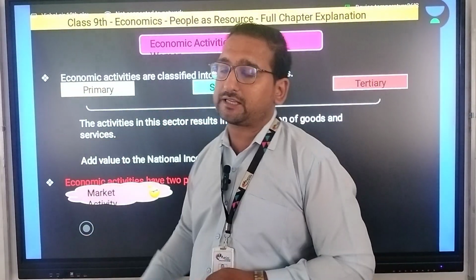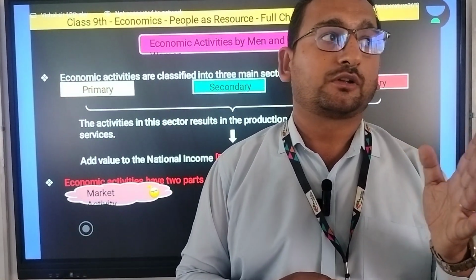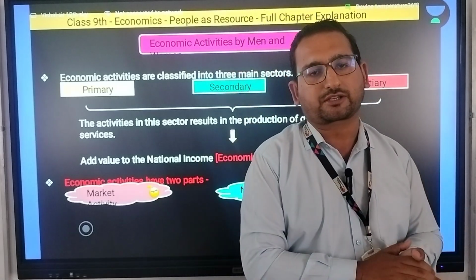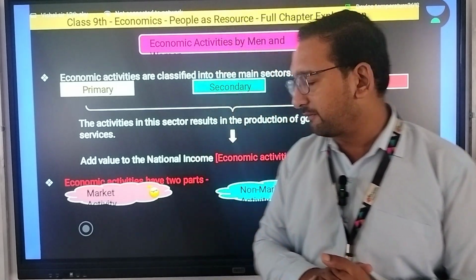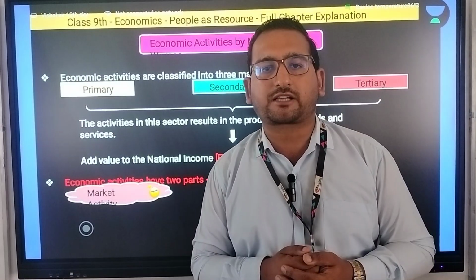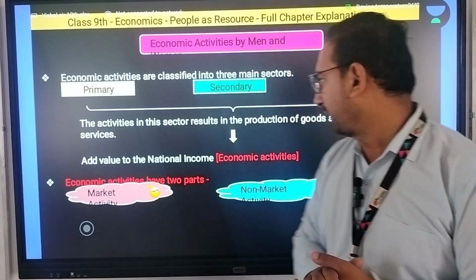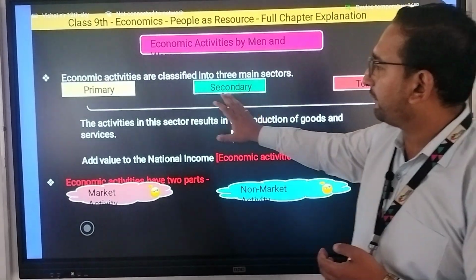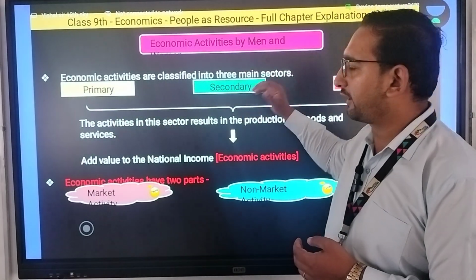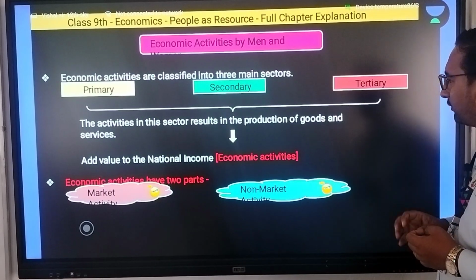The primary activity is one in which we use natural resources as raw material. The secondary activities are those carried out for manufacturing purposes, using the raw material that comes from the primary activity to create finished goods, and all the services come under tertiary activities.